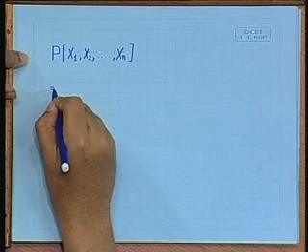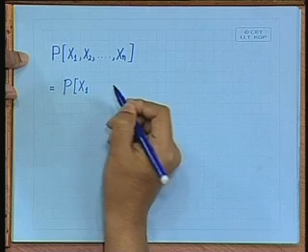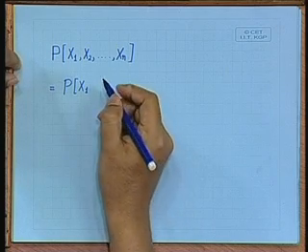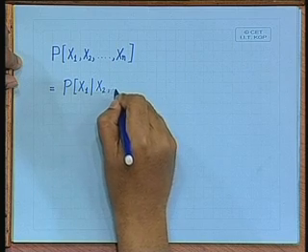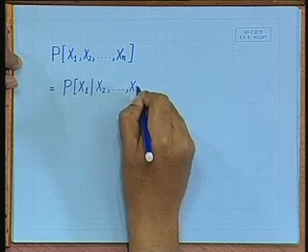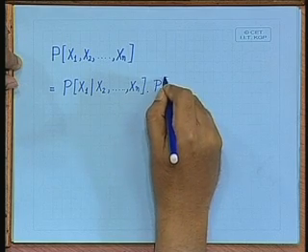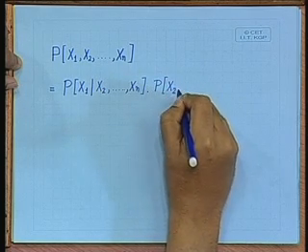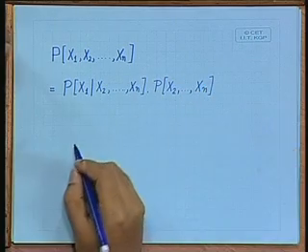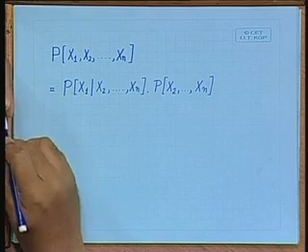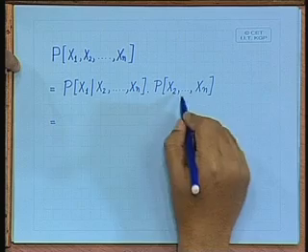We can write this as probability of x1 given x2 through xn, times probability of x2 through xn. And then we can again rewrite this, we can unfold this term also in a similar way.